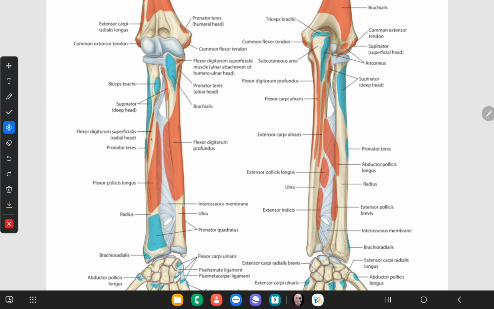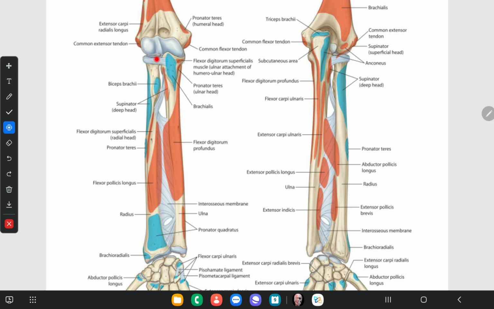Let's see the muscle attachments of the ulnar bone. First we will see the anterior aspect from this diagram, and you can see the insertions in blue color and in red color the origins of the muscles. First we will see the origins.